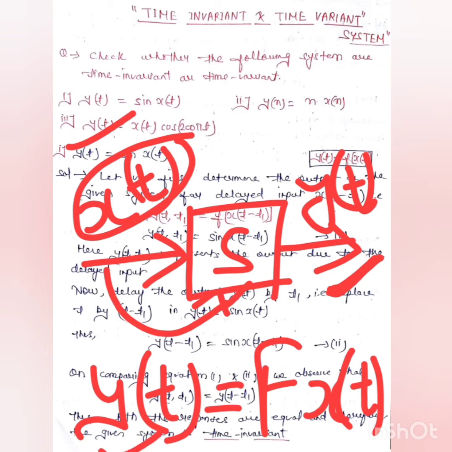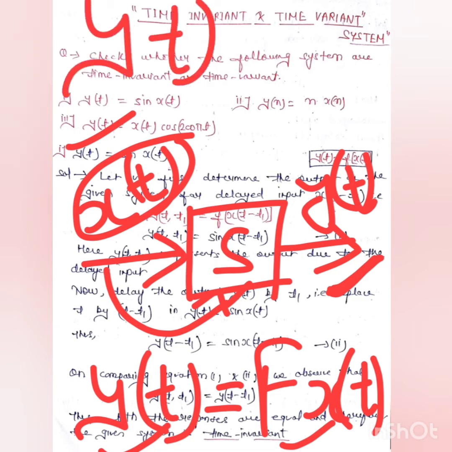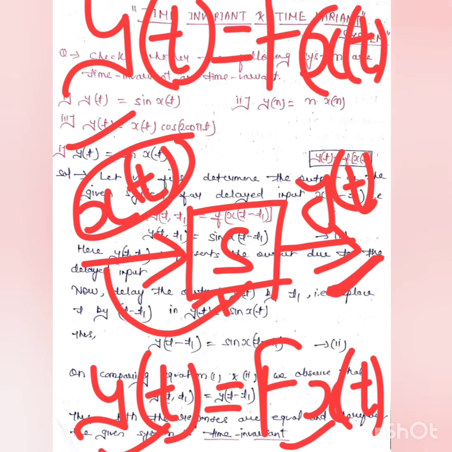Hence y(t) must be a function of x(t), then only our system provide output. We can write like this: y(t) is a function of x(t) because our system depend upon input and our output is produced with the help of input.